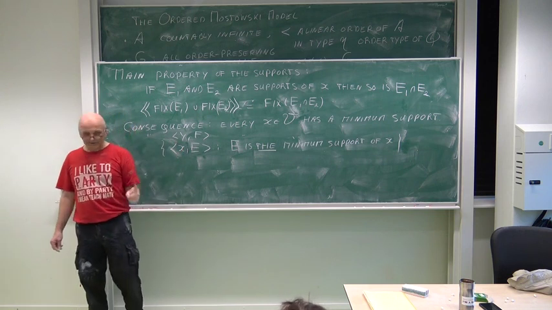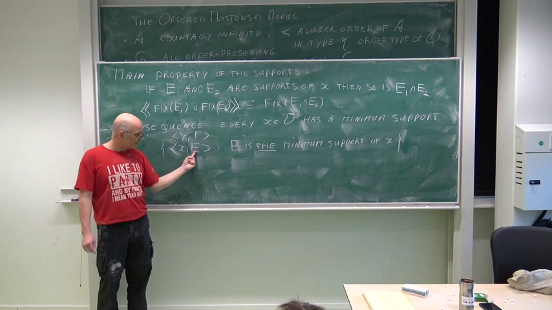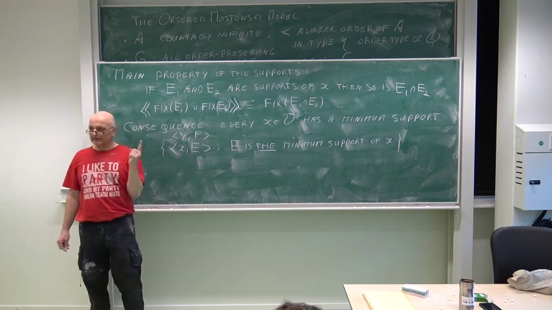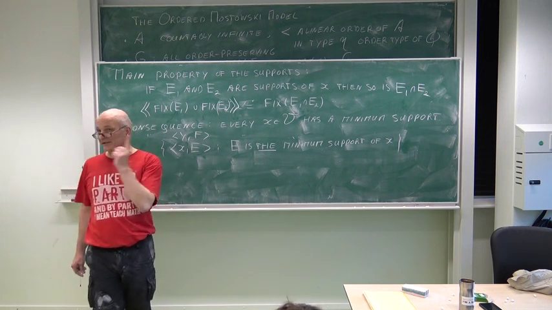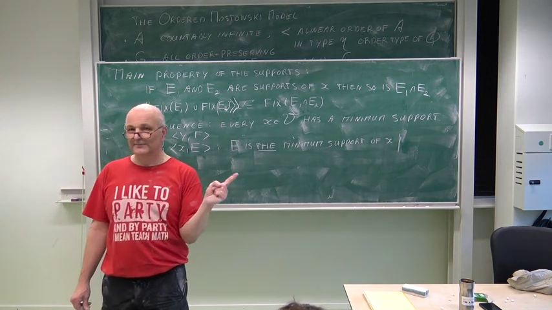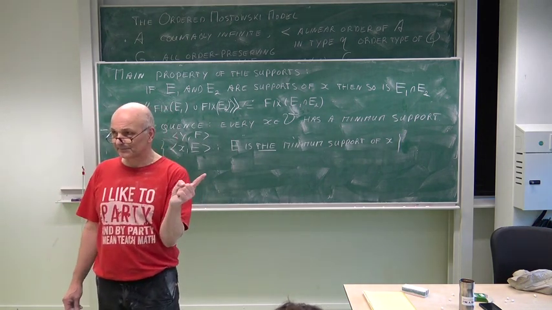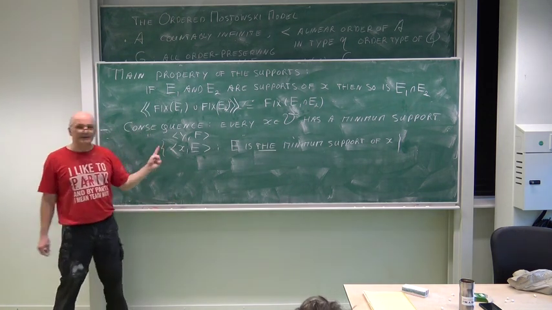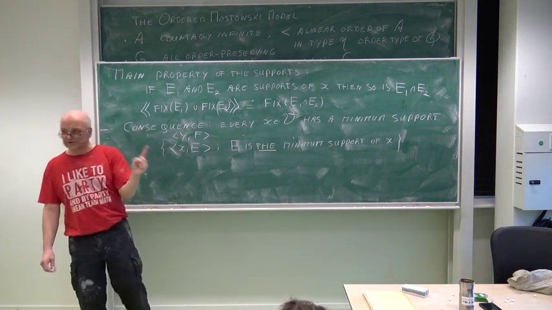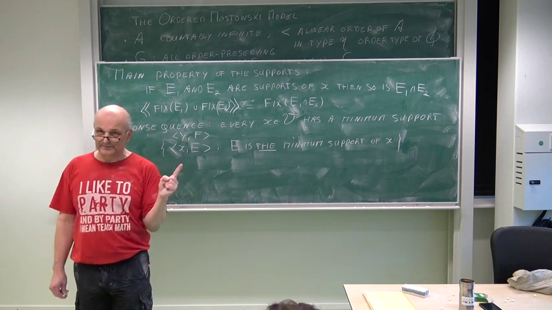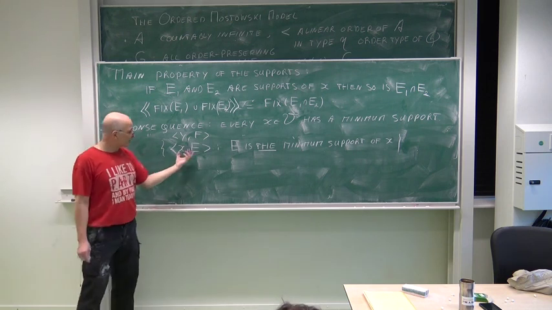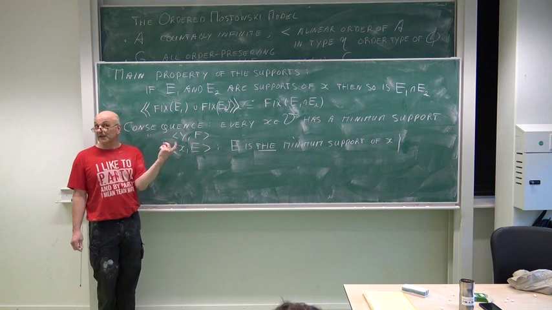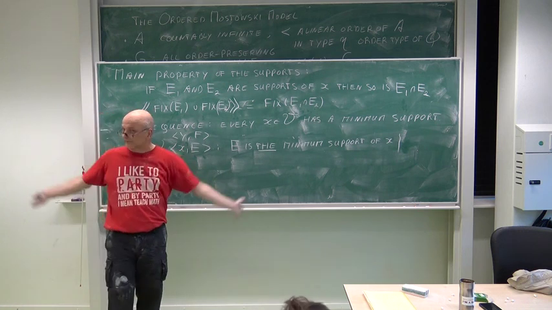Because there is one more thing, that if you know that pi of e is equal to e, then pi is in the fix of e, because of the order preservingness. So we really do use that linear order of the set of atoms. And so using these pairs, we have a lexicographic order of the whole universe.